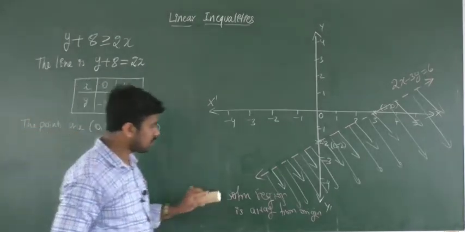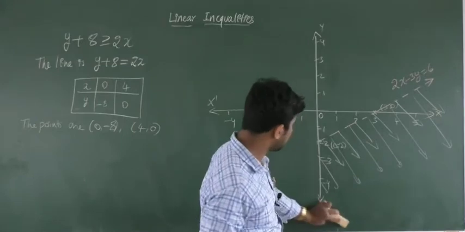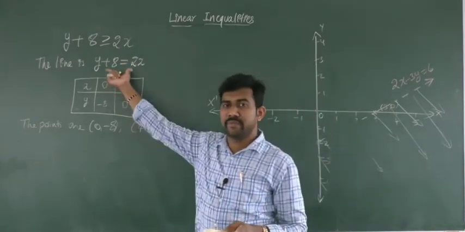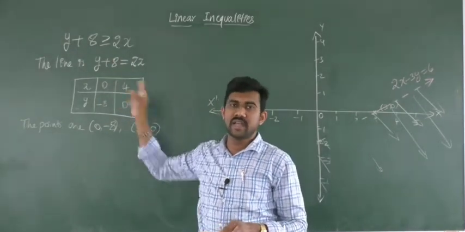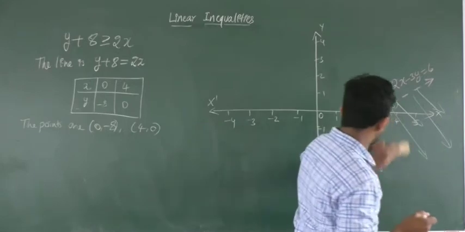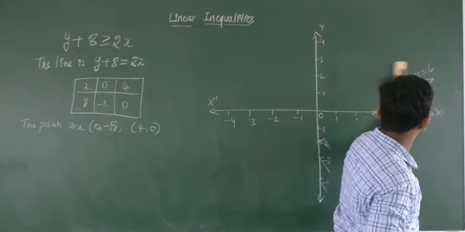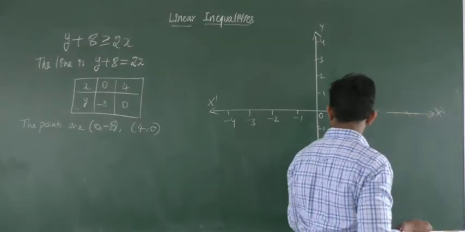Now you can observe that those points satisfy the equation, which means these points lie on the line. So clearly, by joining those 2 points we will get the line here.